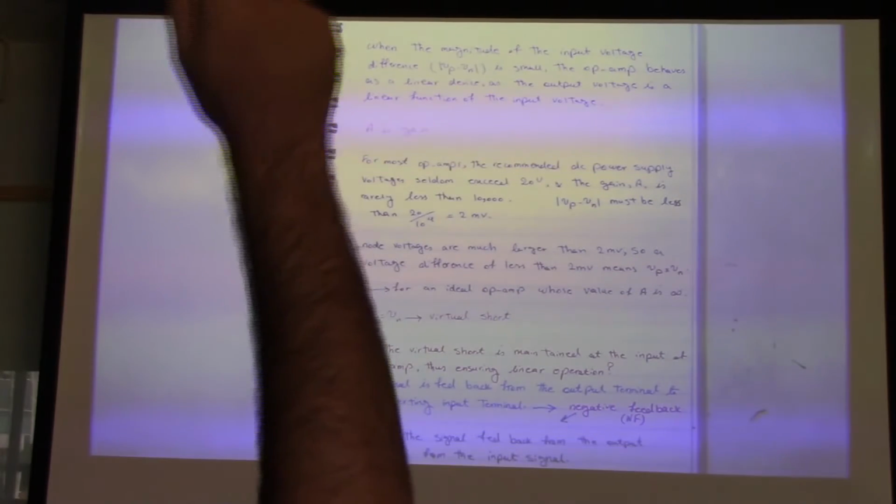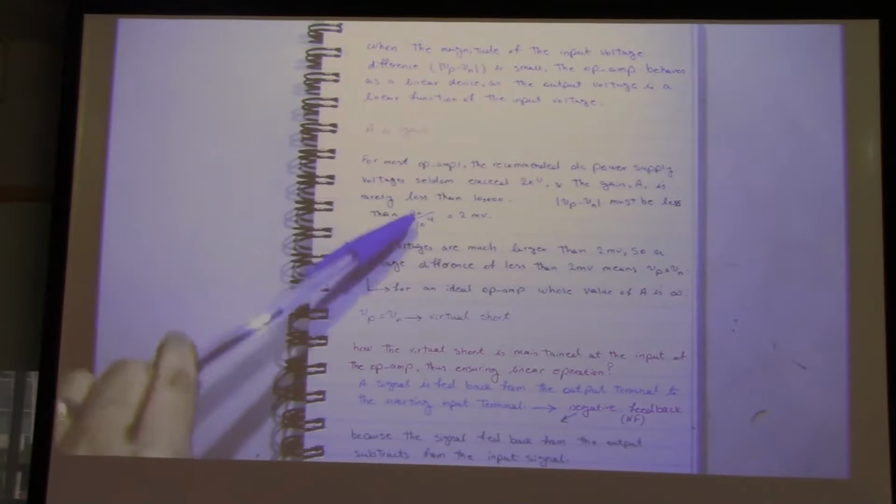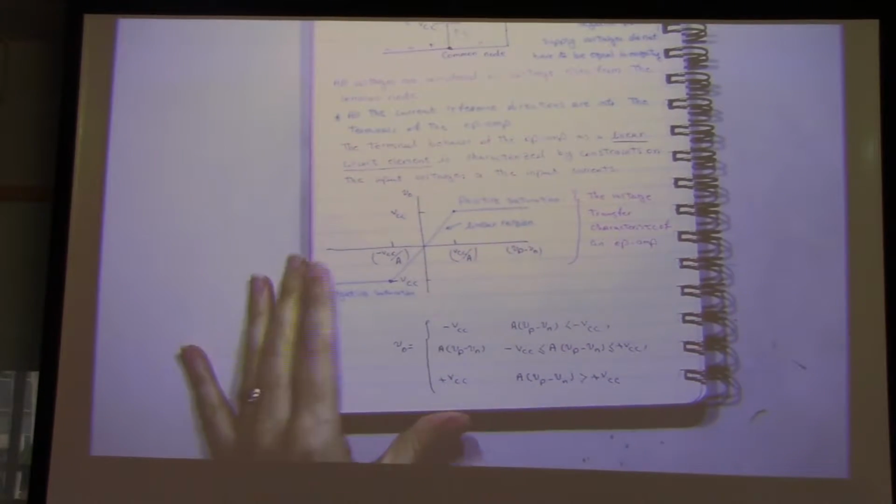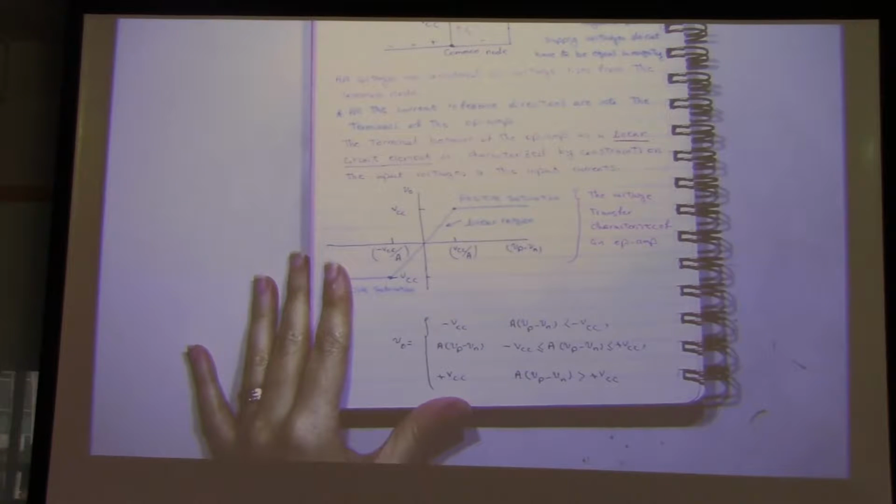Okay, so which voltage? What is this value? Which parameter is it? This is VCC over A. Yes. What's your name? Anj? Anj.